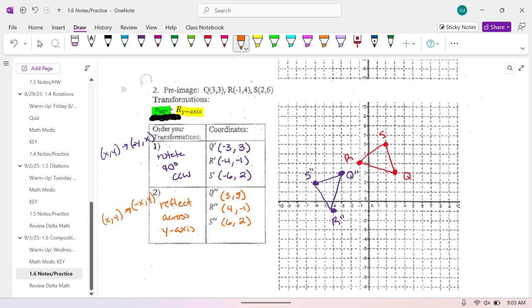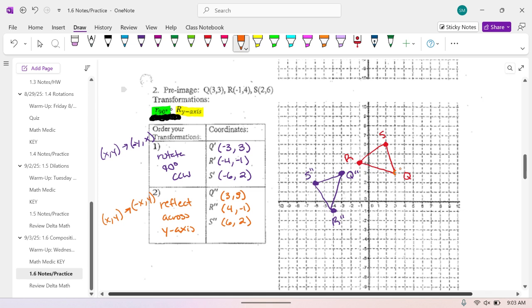So this will be 3, 3. 4, negative 1. All right. Any questions on this?